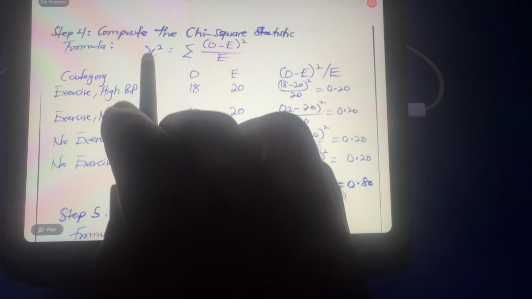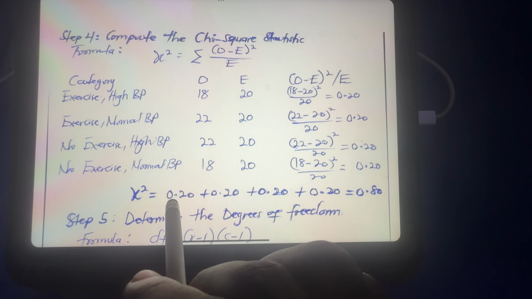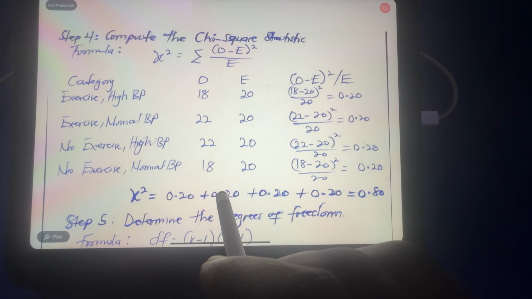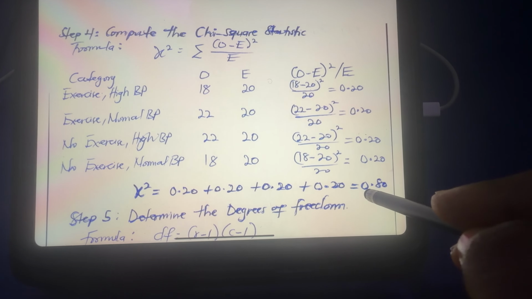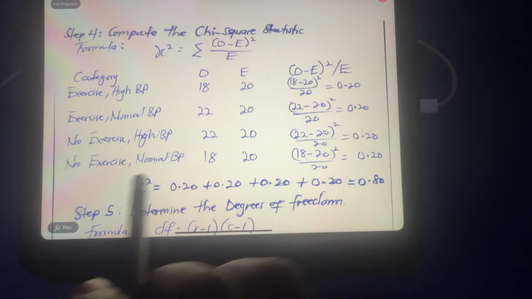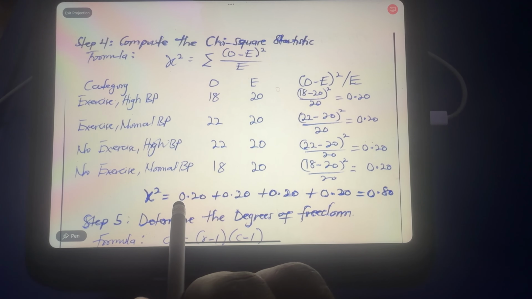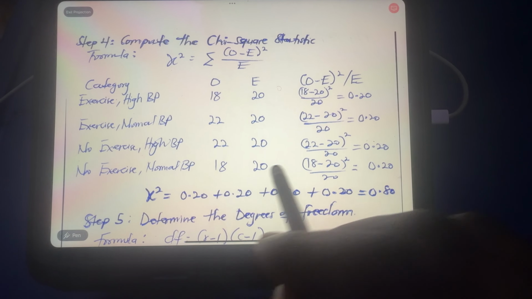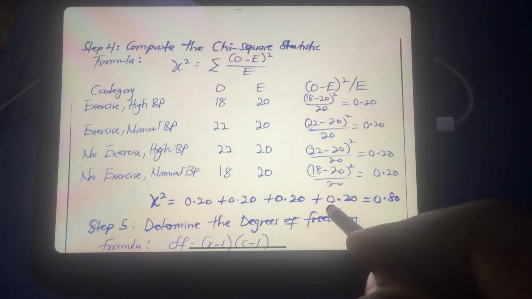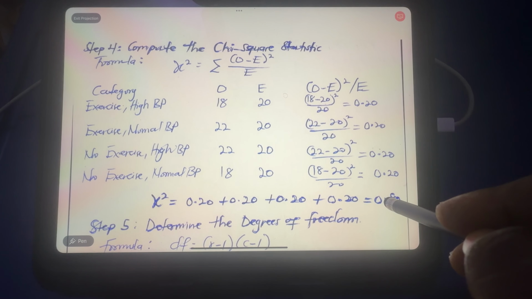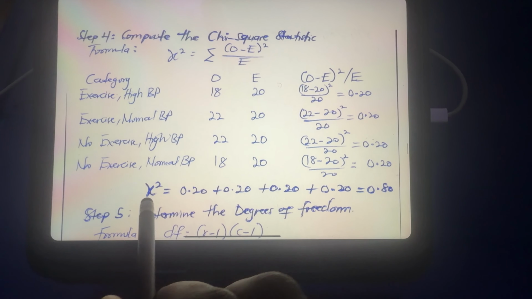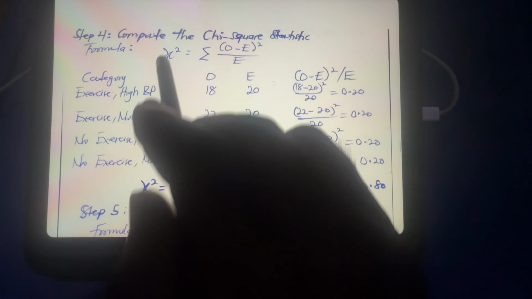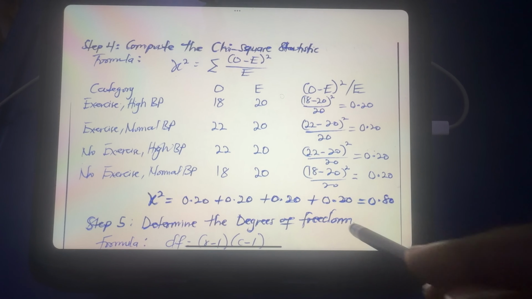So the calculated chi-square is equal to 0.20 plus 0.20 plus 0.20 plus 0.20. That will give us 0.80. So the calculated chi-square for all the categories is 0.80.